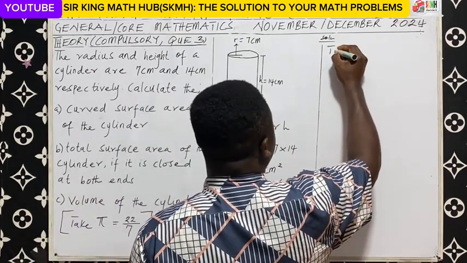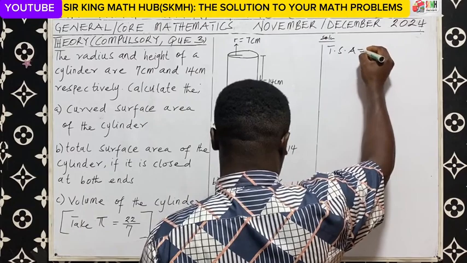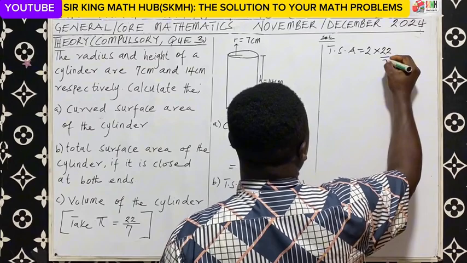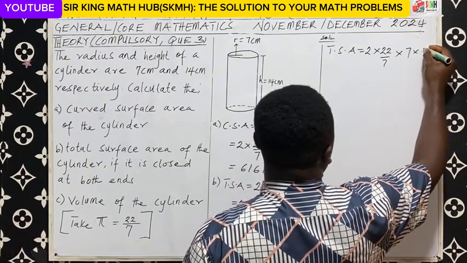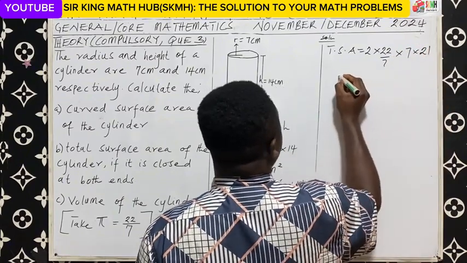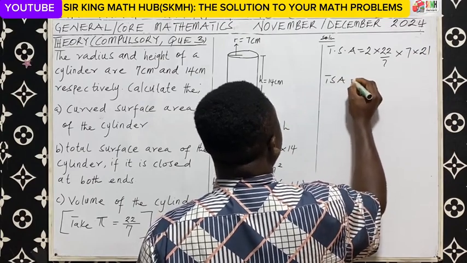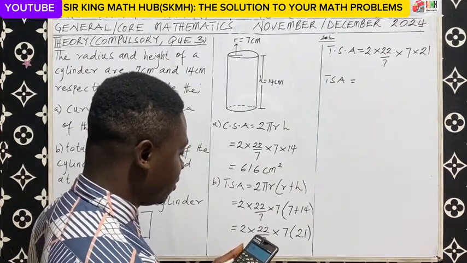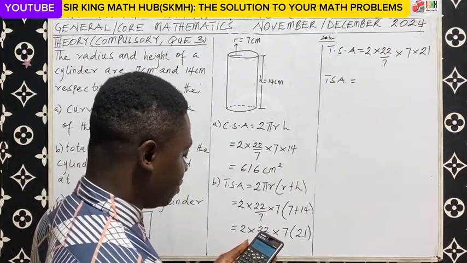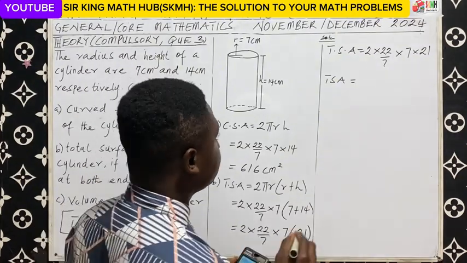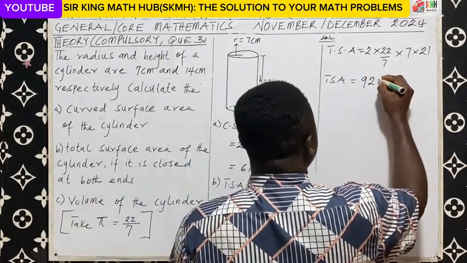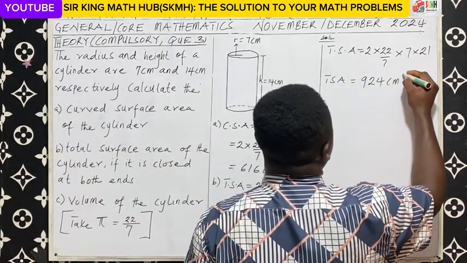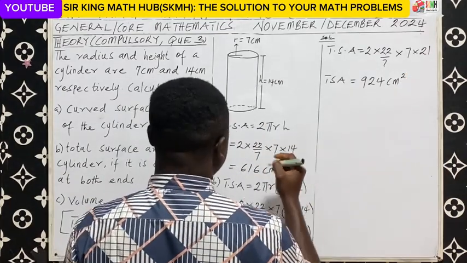The total surface area, as you can see, is 2 multiplied by 22 over 7 multiplied by 7 multiplied by 21. That is 924. Again, we are looking at area, so the unit should be centimeters squared. So that is for B.